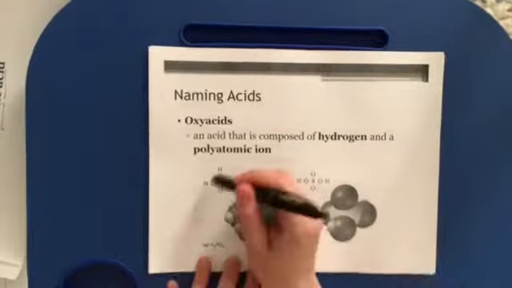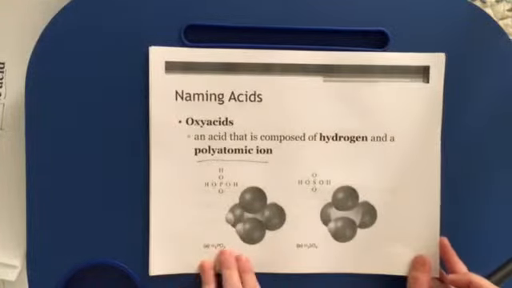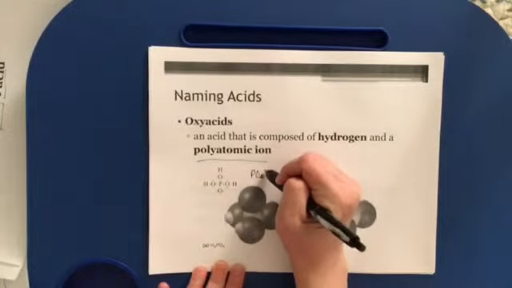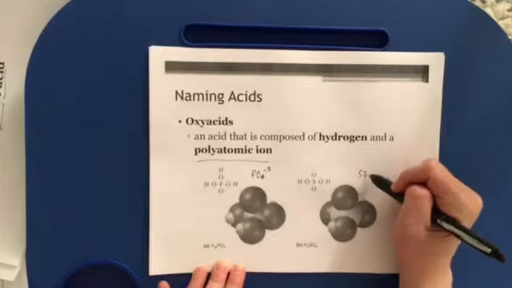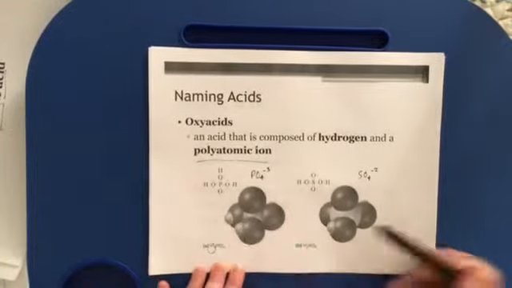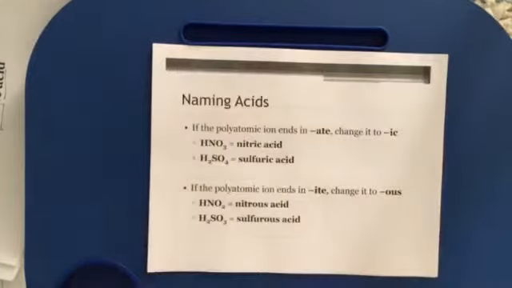Oxyacids are basically hydrogen attached to a polyatomic ion in the number of whatever the charge is. So PO4 is a -3, sulfate is a -2, and so here you have 3 hydrogens, here you have 2 hydrogens to balance that out.